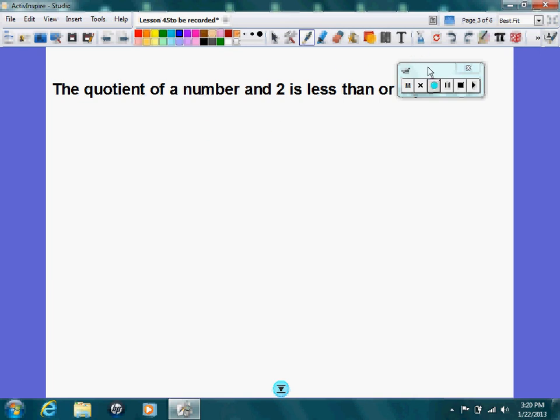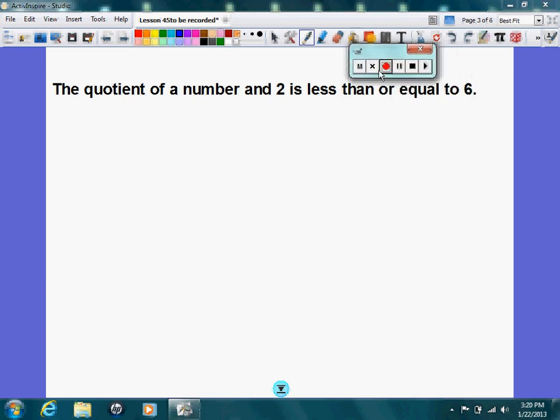So how would we translate this sentence right here? The quotient of a number and 2 is less than or equal to 6. Well, the quotient means what? Quotient means divided. So we need to divide, and we could use the division symbol like this, or we could just use a division bar and make a fraction. The quotient of a number, we don't know what that number is.